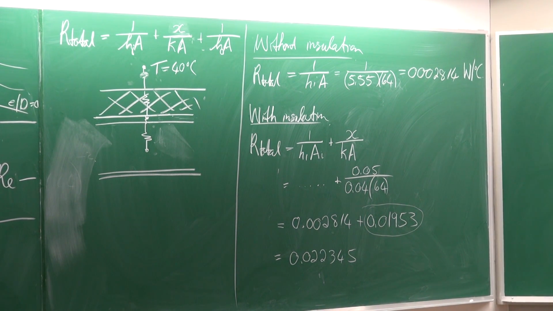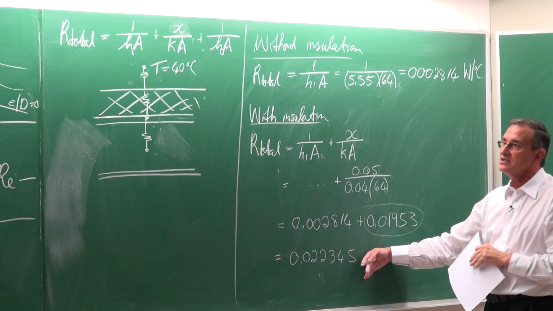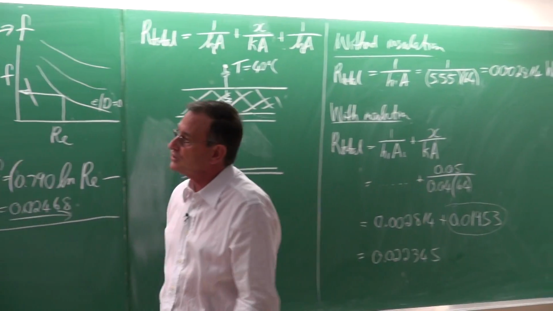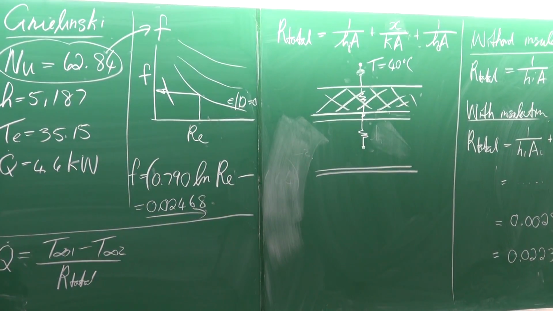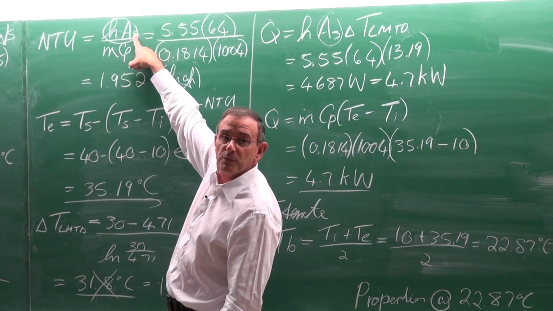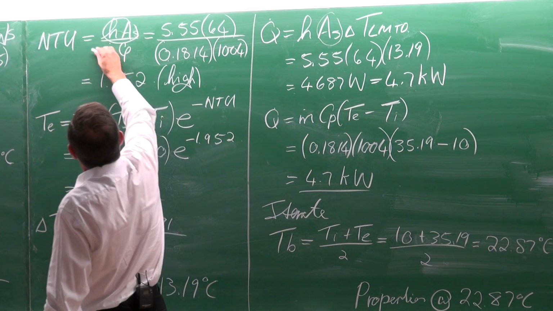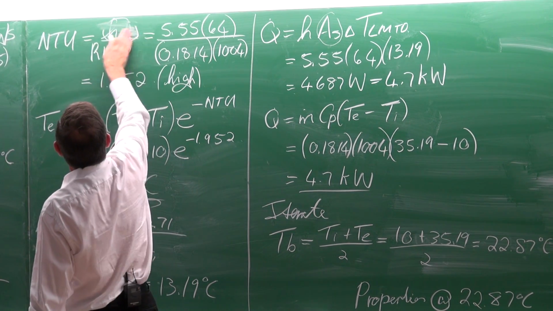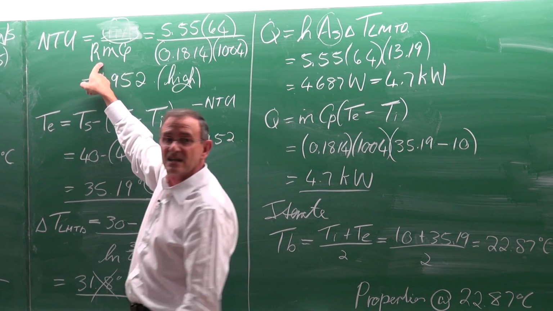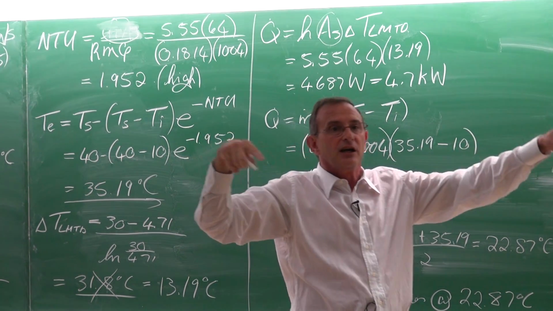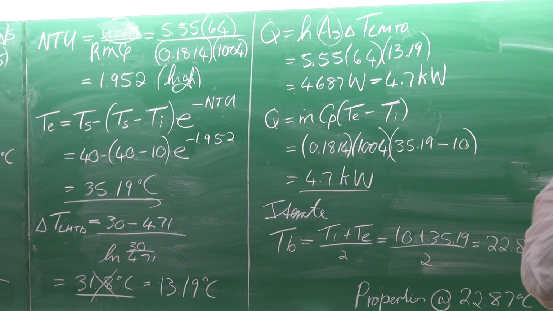Now we're not going to have enough time to work through this problem, but if you now use this resistance in the calculations of the NTU, there you see the heat transfer coefficient multiplied by the area, so that can be written as the resistance. You can take that out and write it as the resistance, and then you can do it with the insulation.